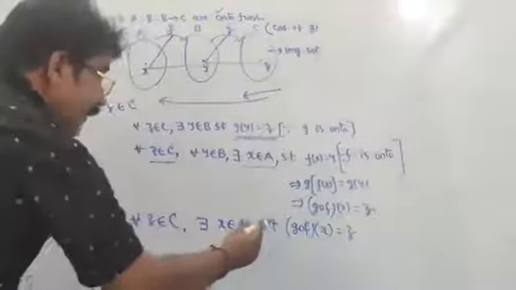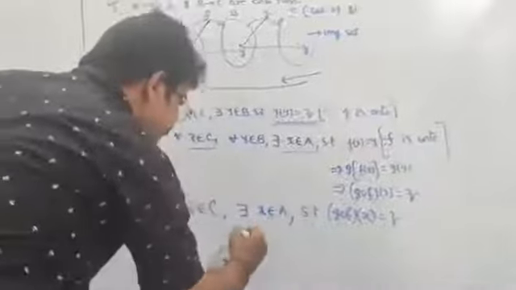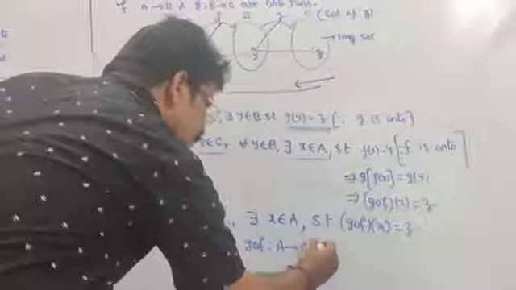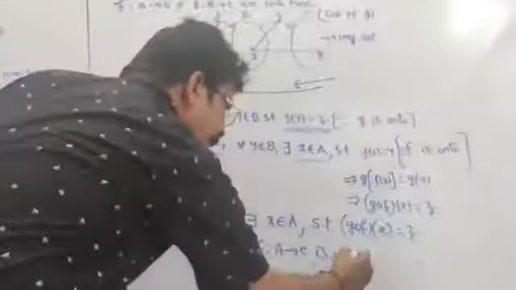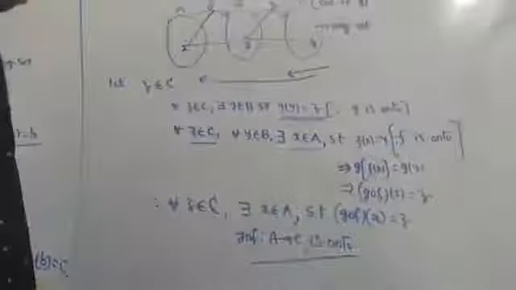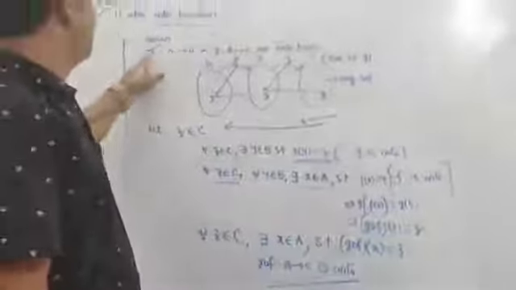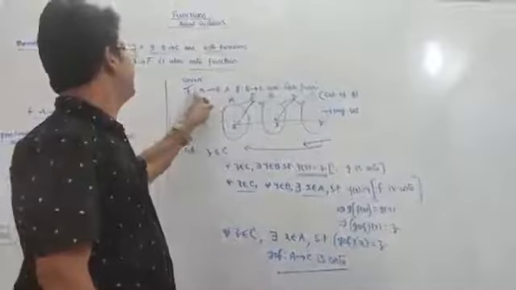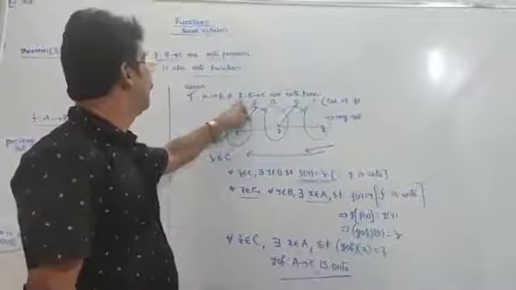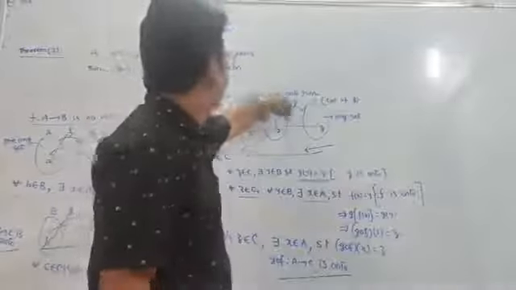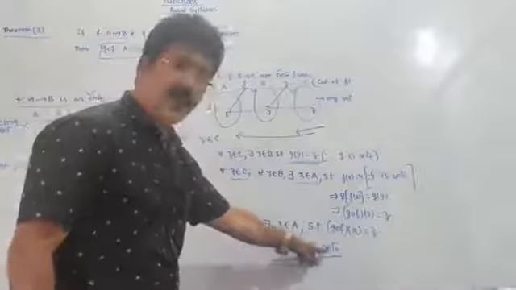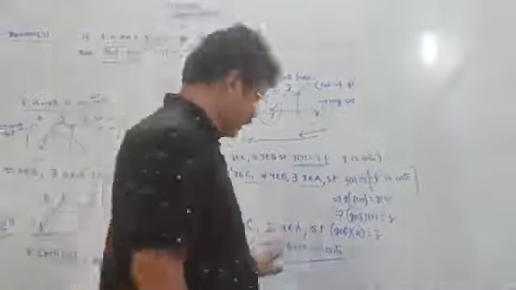What does it mean according to the onto function definition? g circle f from A to C is an onto function. So if f and g, so that the codomain of f is equal to the domain of g, are onto functions, then g circle f from A to C is also an onto function. Okay, next you come here.